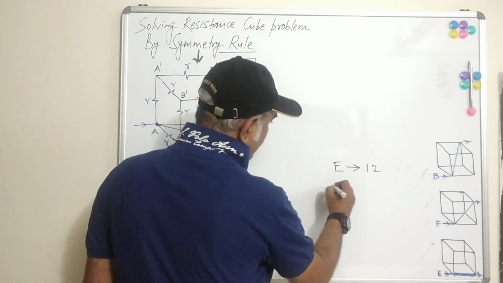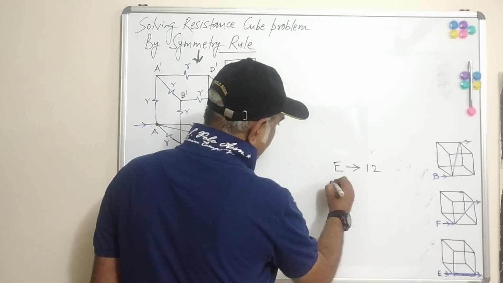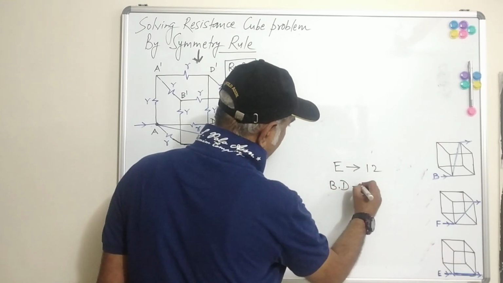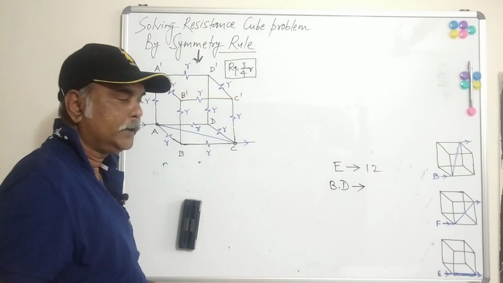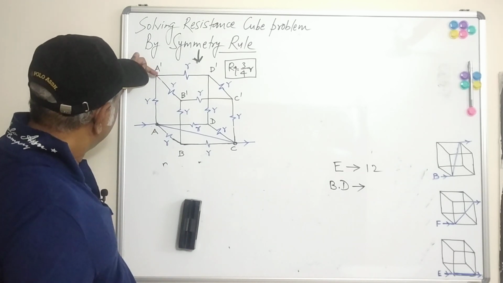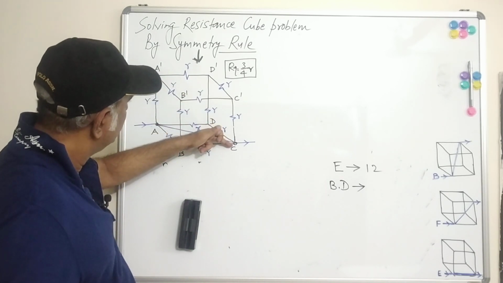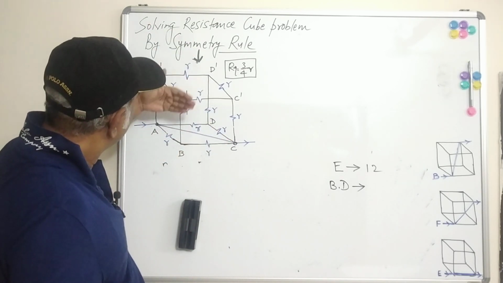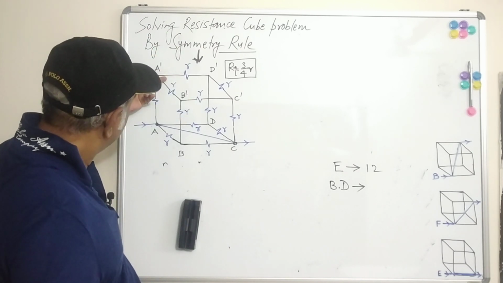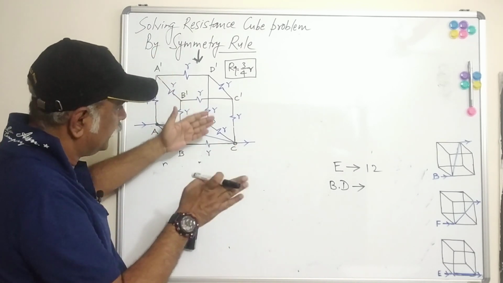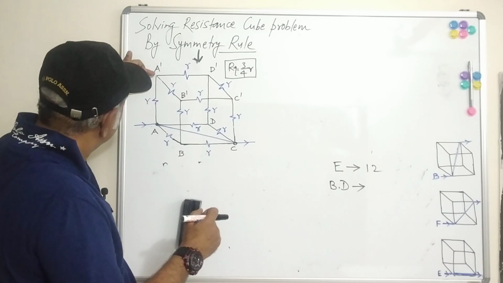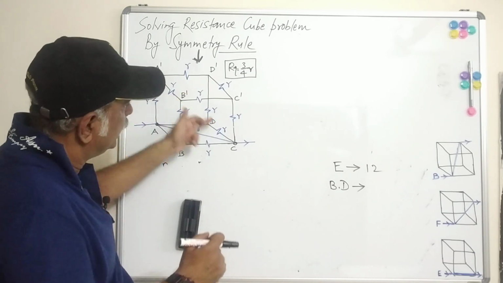How many body diagonals can you have here? Think about it. Body diagonal means you are connecting this point with this point. So get hold of the back face of the cube and the front face of the cube, then join the opposite vertices directly, like this.